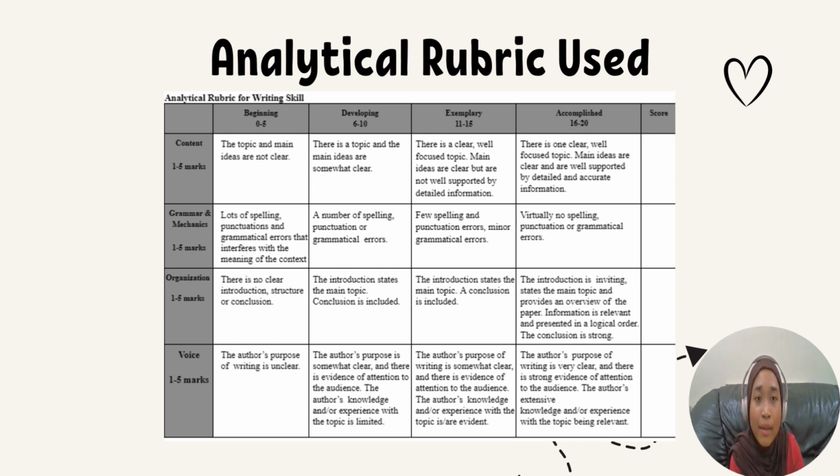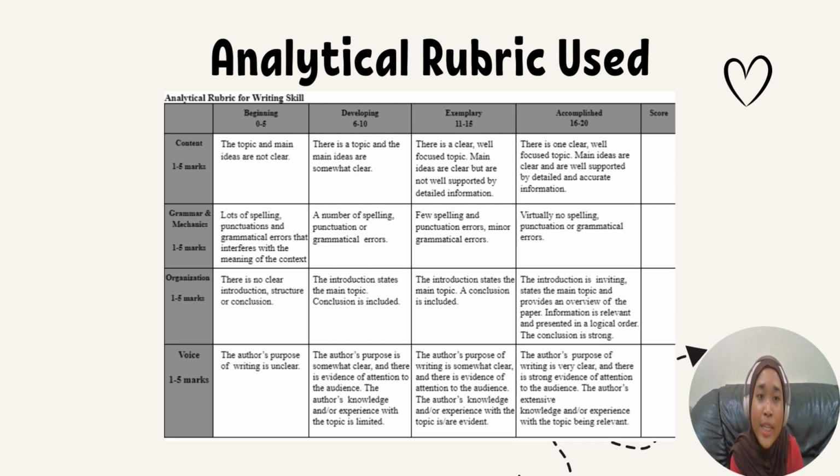The developing level is an increase from the beginning level, a better result from the student, where they play a topic and the main ideas are somewhat clear, which is better than the beginning.